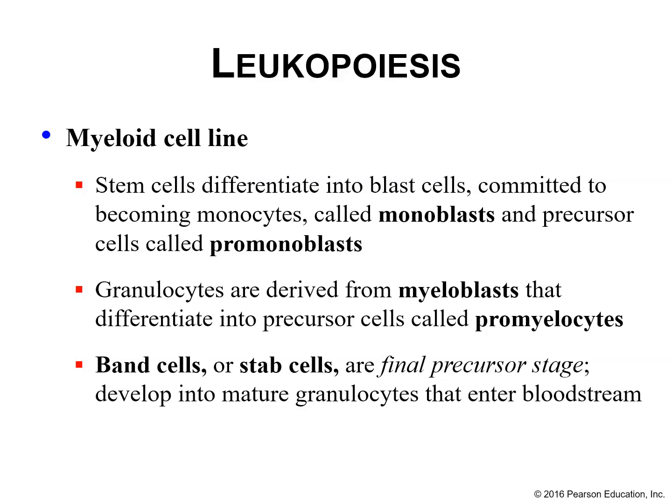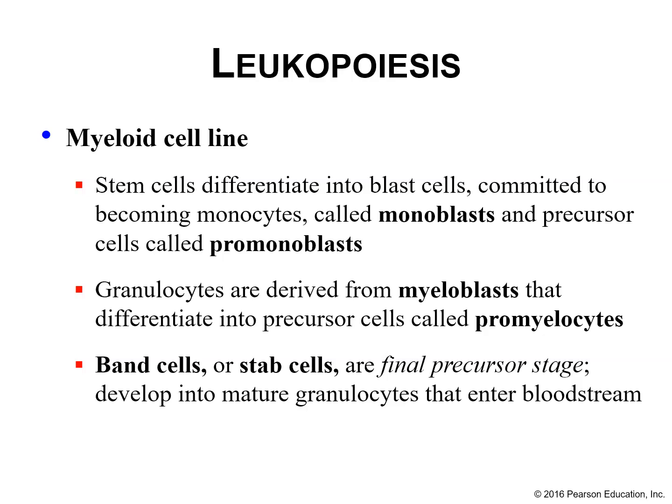So first, the hematopoietic stem cell differentiates into a blast cell, which then becomes committed to becoming a monocyte, which are referred to as monoblasts. And the precursor cell that becomes a monoblast is called a promonoblast. Most all your granulocytes are derived from these monoblasts that differentiate into these precursor cells referred to as promyelocytes.